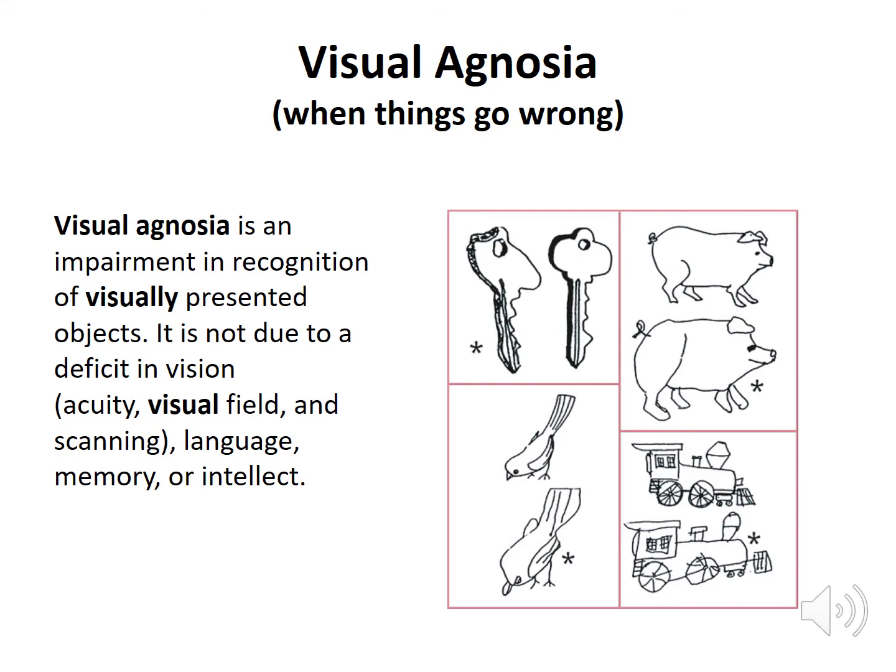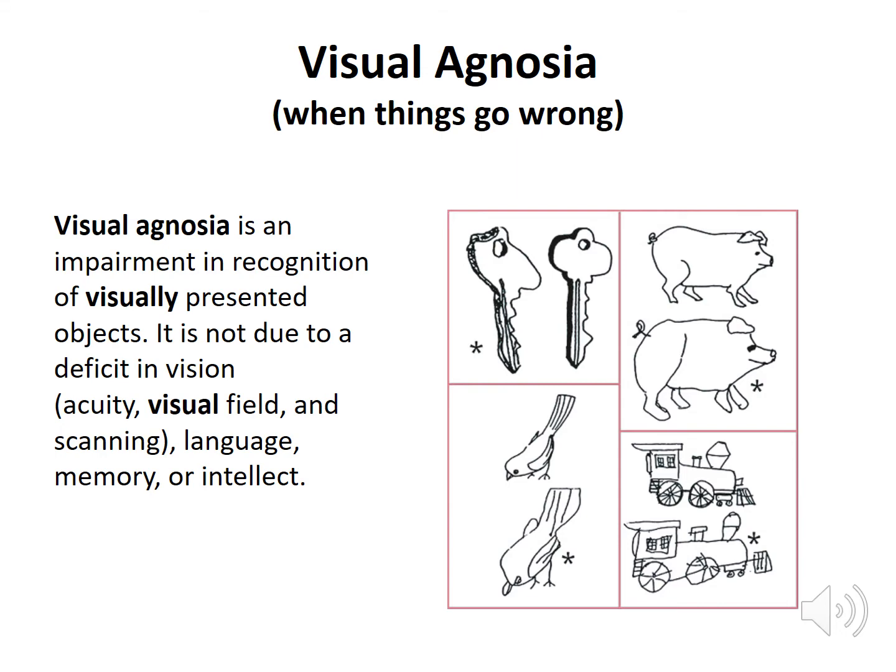And what you can see here is that a subject that's suffering from visual agnosia has received sketches, outlines, or drawings of a key, a bird, a pig, and a train. And had to copy that.